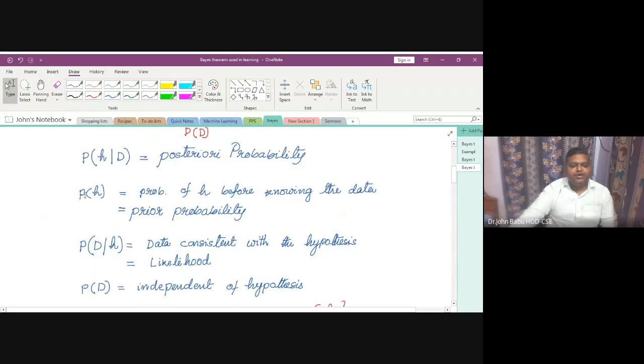See, we don't want P(H) to be maximum. P(H) is the prior probability. When we don't have the data, we don't have any use. What we want to maximize is the probability of the hypothesis that fits the data, given the data. So this we want to be the maximum. This is prior, this is not very important to us. What is important is the hypothesis that fits the data.